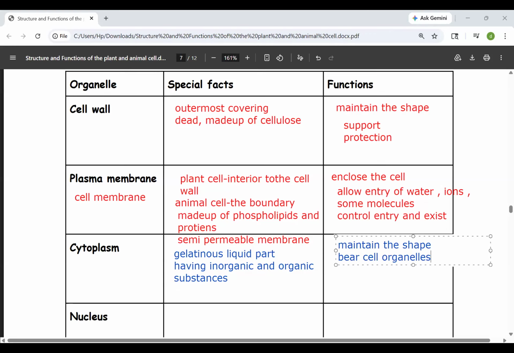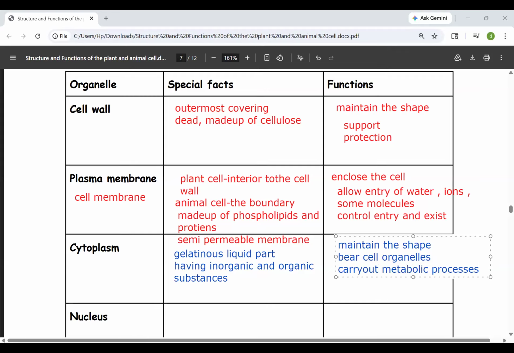Carry out metabolic processes. What is the meaning of that? Cell functions are actually chemical reactions, right?